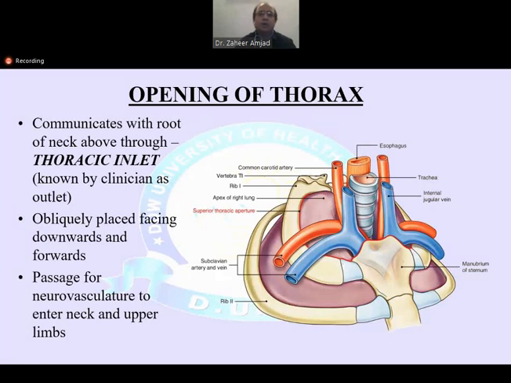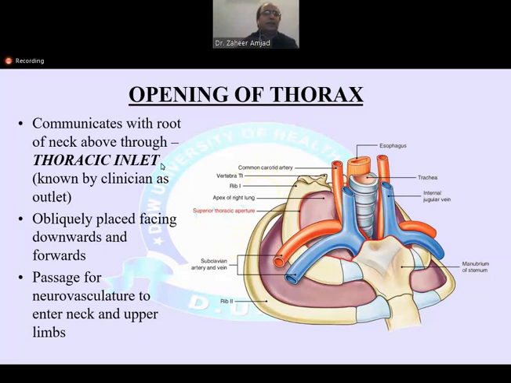If you talk purely about the thoracic cavity, it is narrow above and broader below. So it has an inlet and outlet. The inlet is that part of the thorax which attaches it with the neck, and the outlet is that with which it is connected to the abdomen.